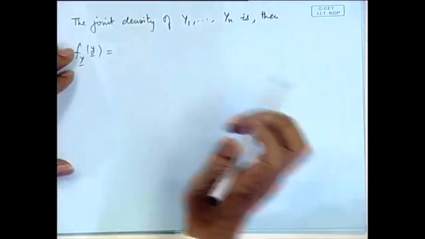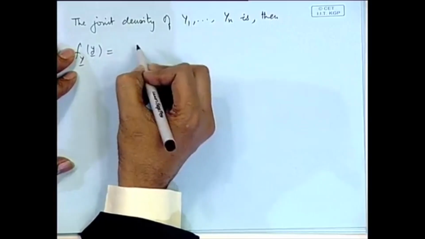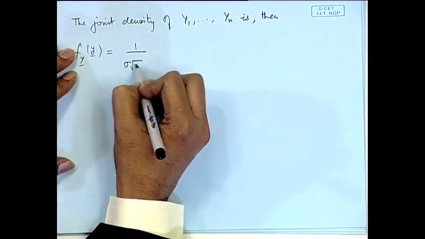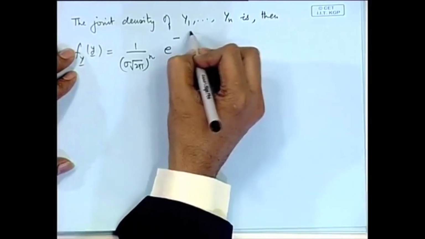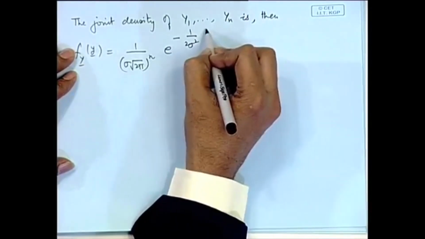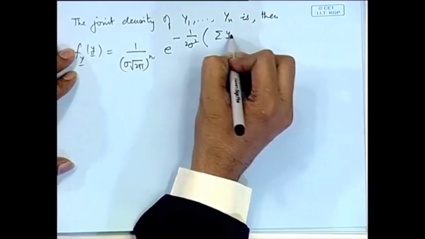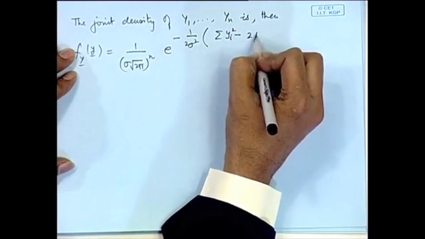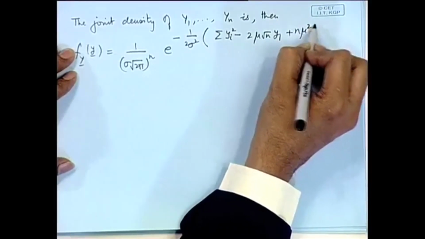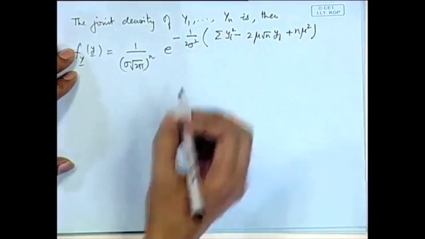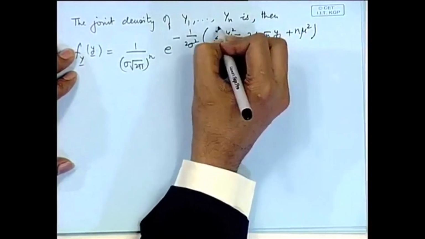So, we get the transformed density as 1 by sigma root 2 pi to the power n, e to the power minus 1 by 2 sigma square sigma y_i square minus 2 mu root n y_1 plus n mu square. This is i equal to 1 to n.